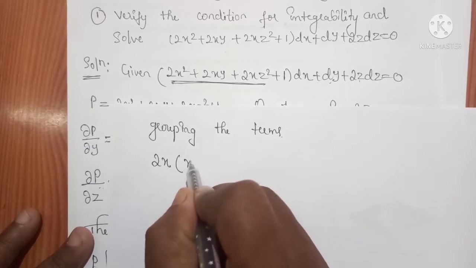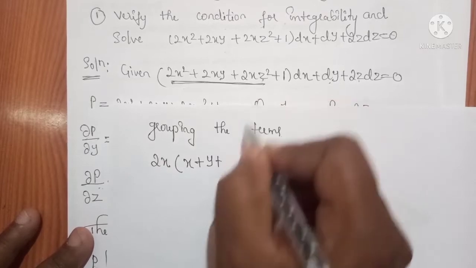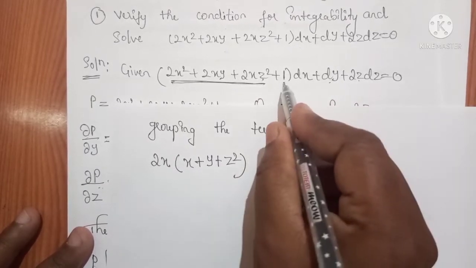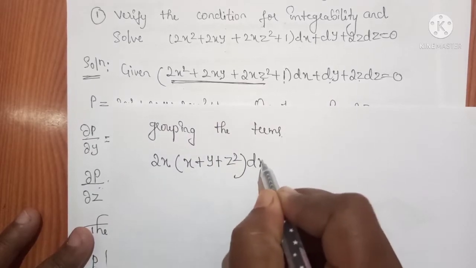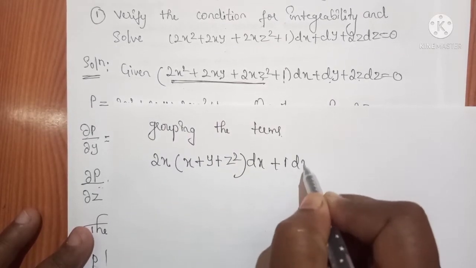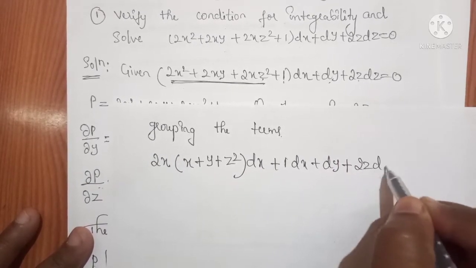On taking 2x common, we get x plus y plus z², and this one I separate with this term, that is we write dx plus 1 dx, remaining terms as it is, 2z dz equals to 0.